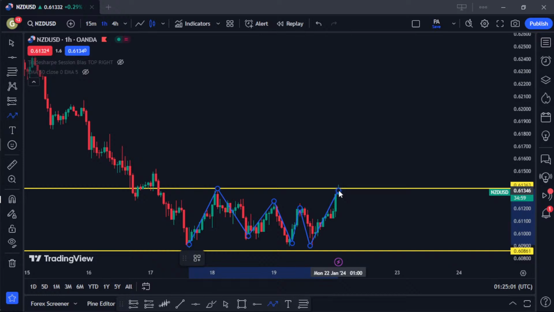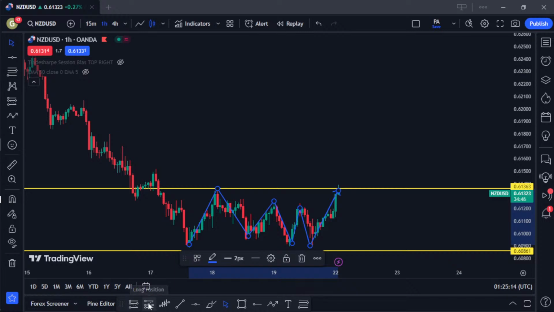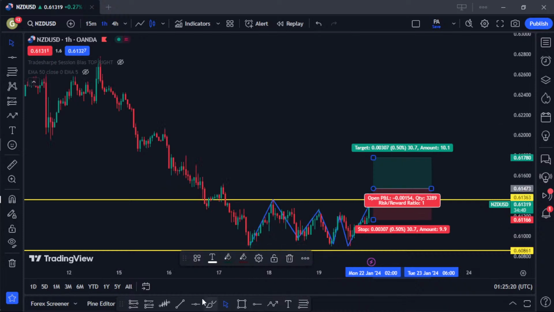So once you break out of the 0.61363 area, we are going to be looking for a buy opportunity. Sorry, not sell. We'll be looking for a buy opportunity like this. Sorry, a buy order.